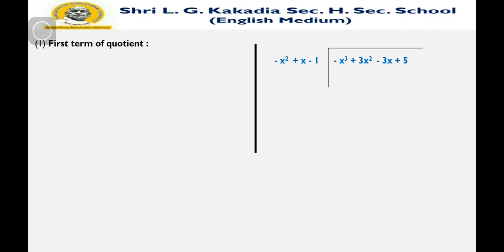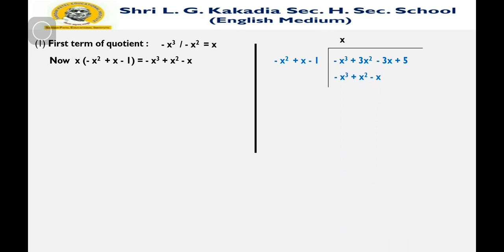So the first term of the quotient is minus x cube divided by minus x square, that we get x, and we put it in the quotient. Now we multiply x with the divisor minus x square plus x minus 1, and we get minus x cube plus x square minus x, and we now subtract this product from the dividend.